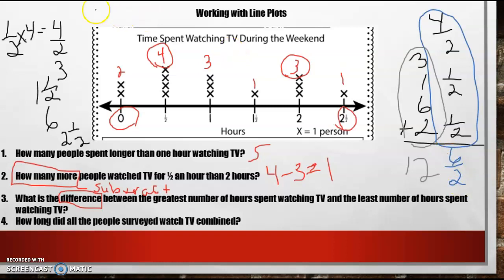So 6 halves is really 3. So 12 and 3, 12, 13, 14, 15. This gives me 15. How long did all the people surveyed watch TV combined? 15 what? 15 hours.